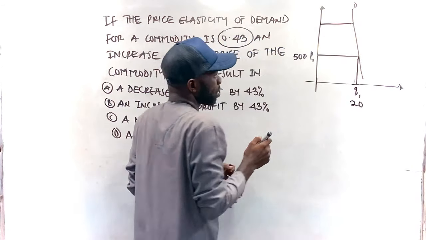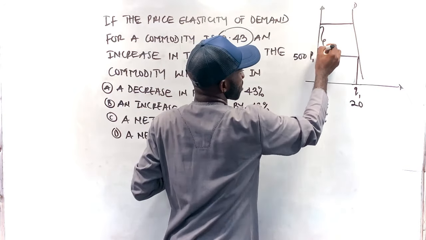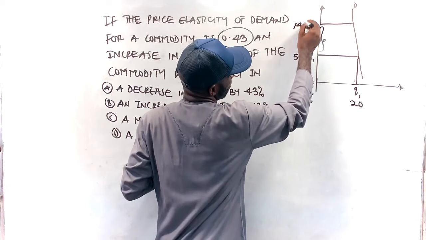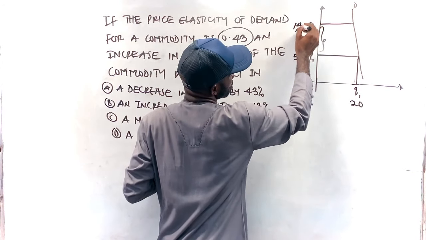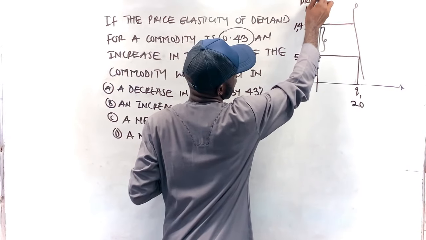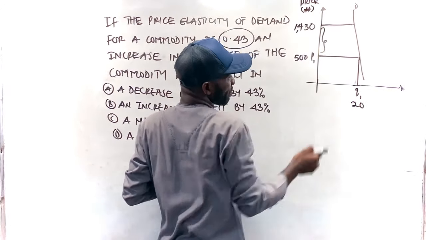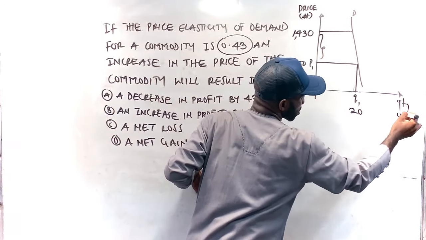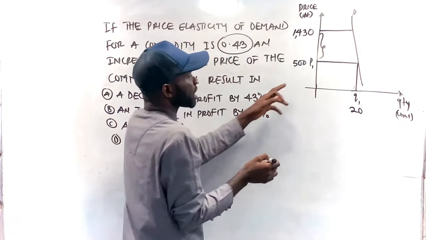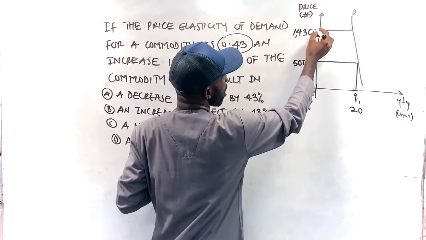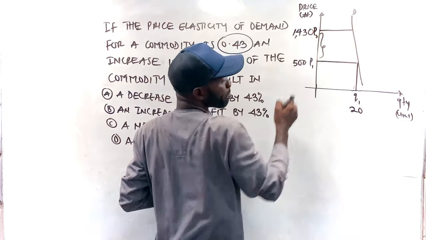No problem. With this kind of gap, let's look at something like 1,430 naira. So we're taking this as our price axis in naira. Please don't forget, quantity in units. So if this price is increased from 500 to 1,430 naira, it's our second price.